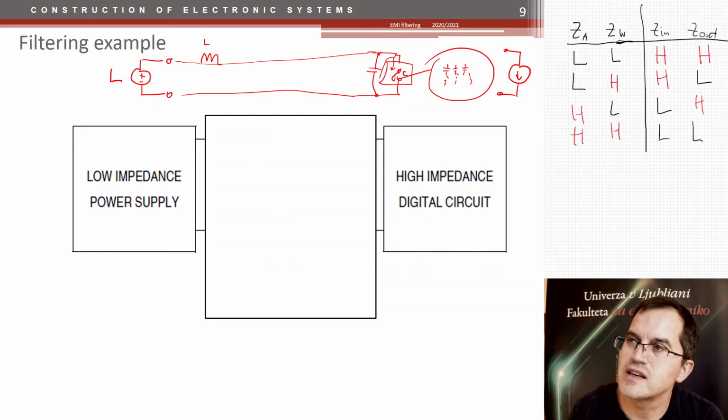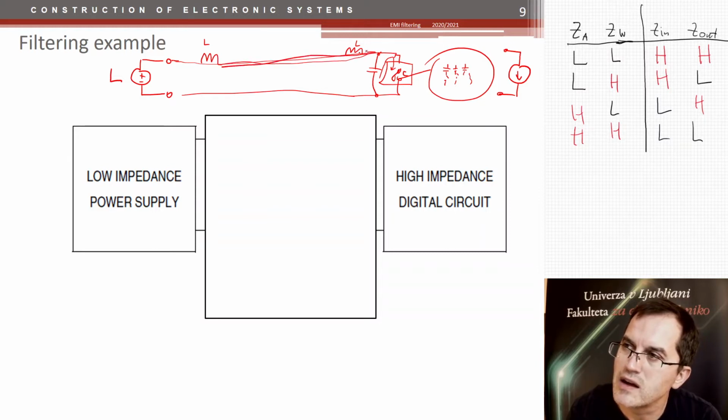On the other side, we want to keep the noisy currents away from this long line. So we can put this coil here, maybe we can put it here. Well, it depends. If we put it there, then this long line here would make an antenna, because let's say there is a part of the noise still present here, because the capacitor is not ideal.